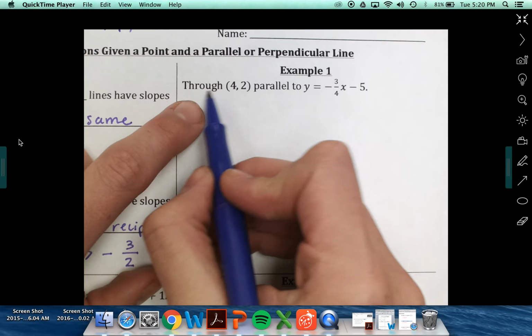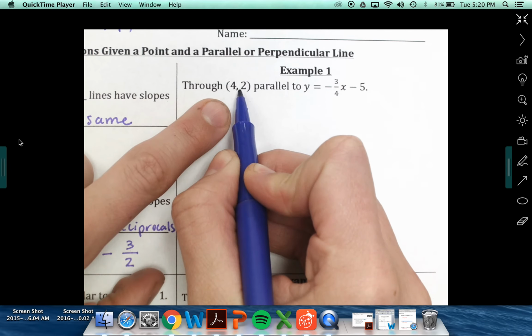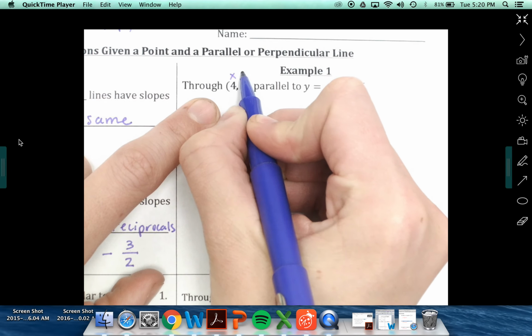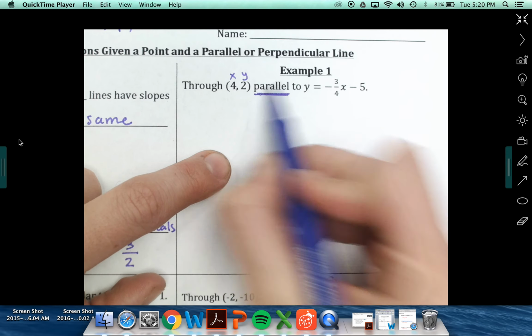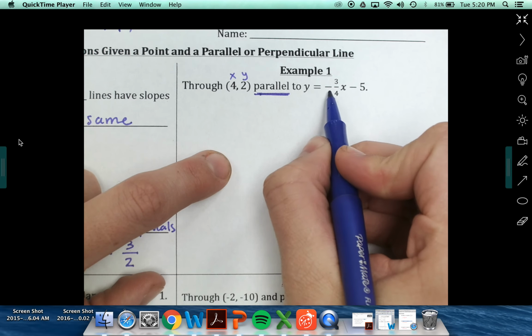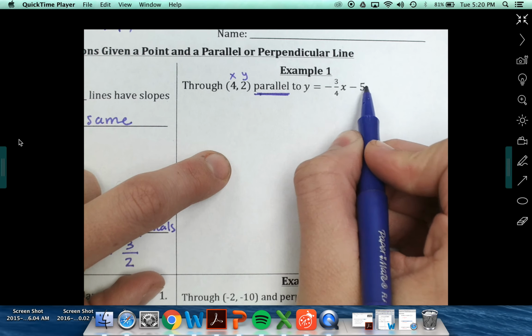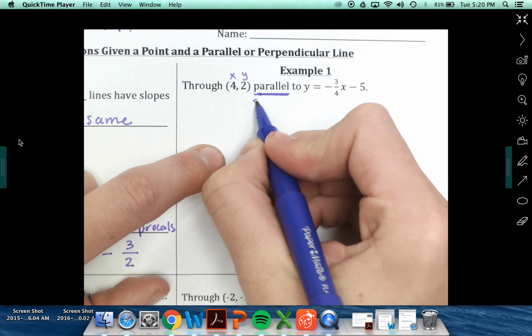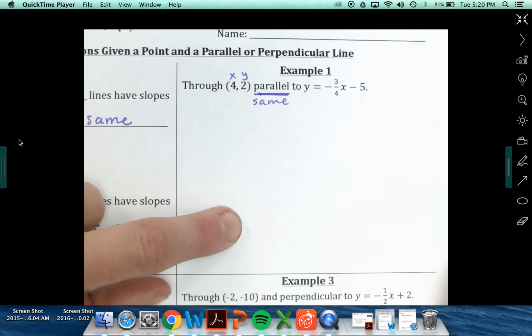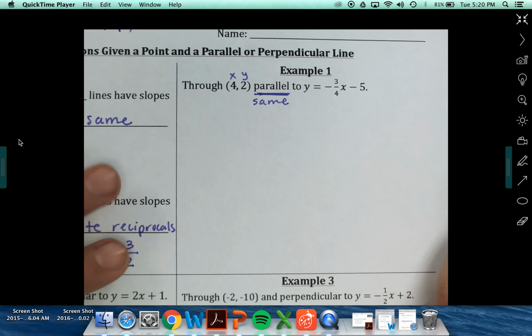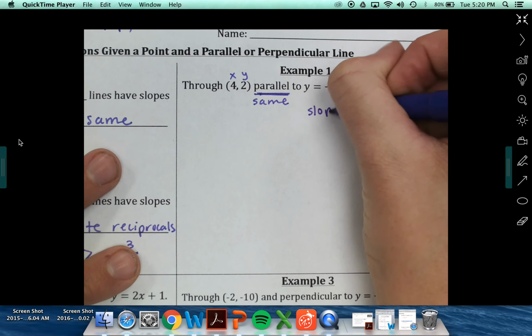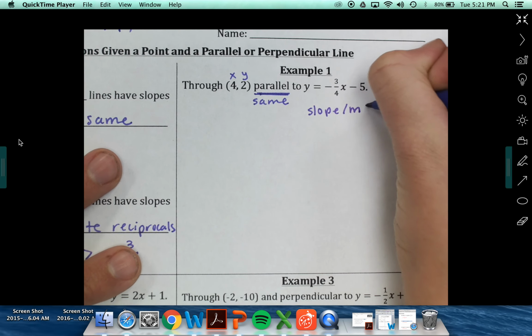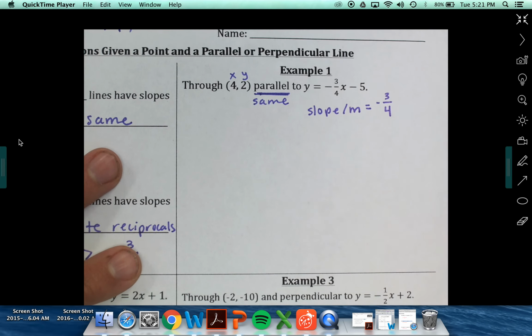Okay, so we wanted an equation of a line through the point 4, 2. Here's my x value, here's my y. Parallel to y equals negative 3/4 x minus 5. We know parallel lines have slopes that are the same. Therefore, our slope, or m, is negative 3/4.